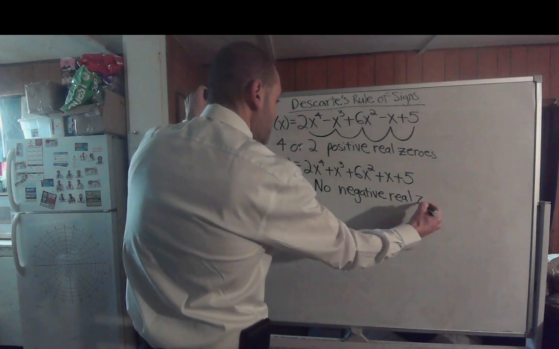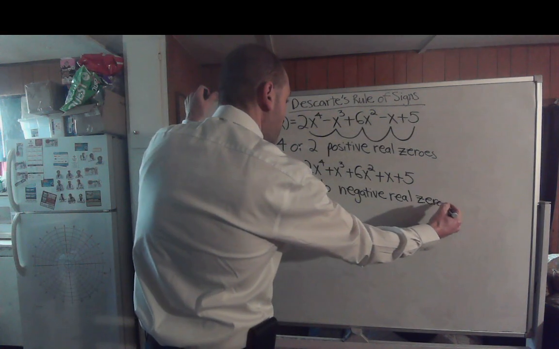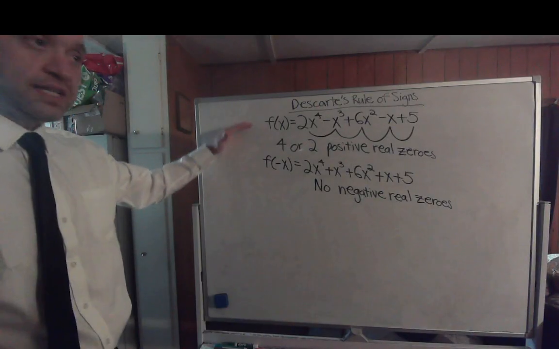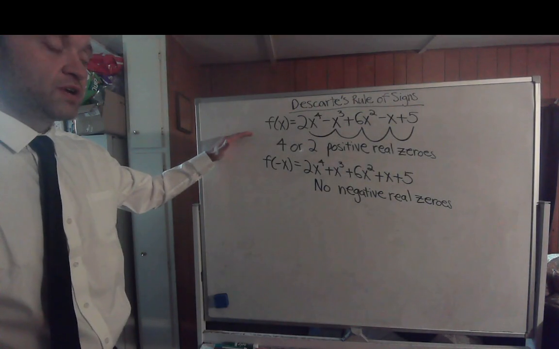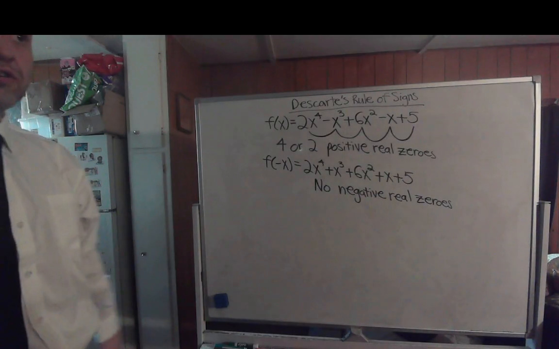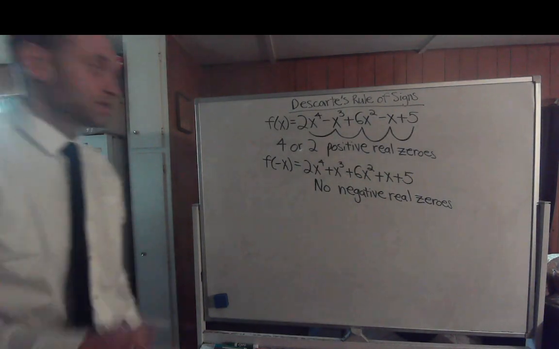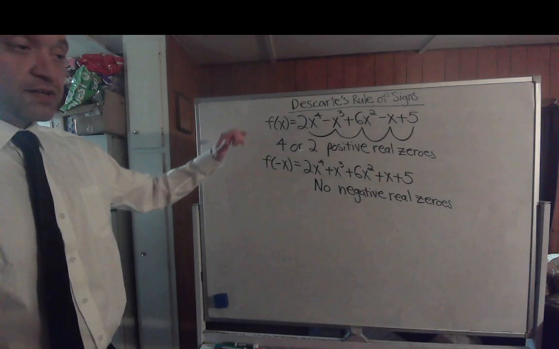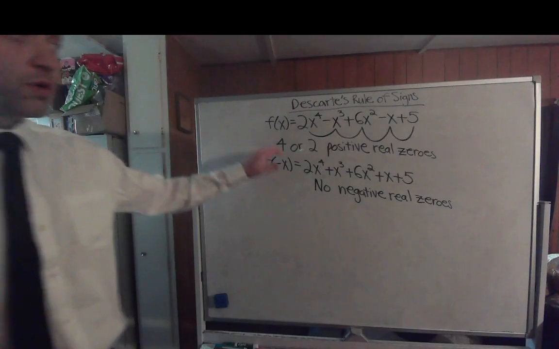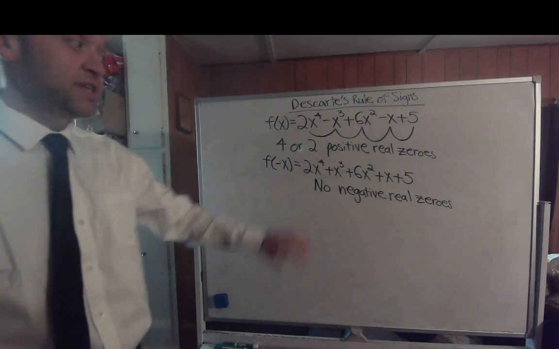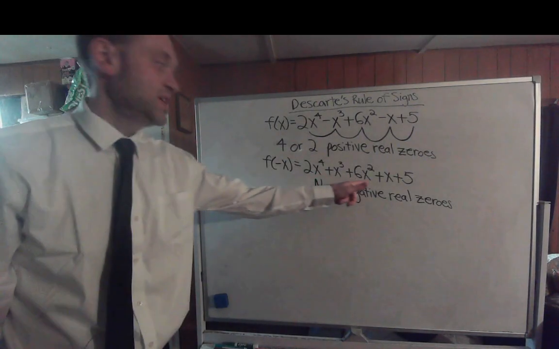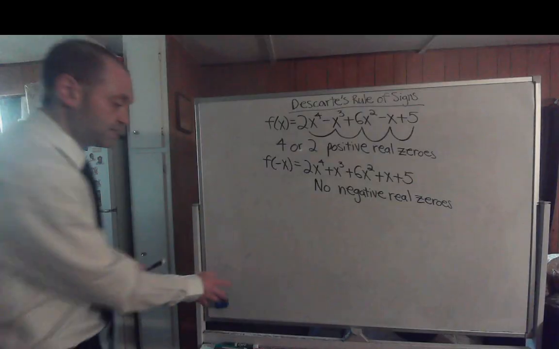So Descartes' rule of signs will only tell you the nature of the real zeros you have, how many possible real zeros you have. It doesn't tell you what your zeros are, but that's coming up later this lesson, finding real zeros. So for positive real zeros, you have either 4 or 2, and you have no negative real zeros because there's not a single sign change in f of negative x.